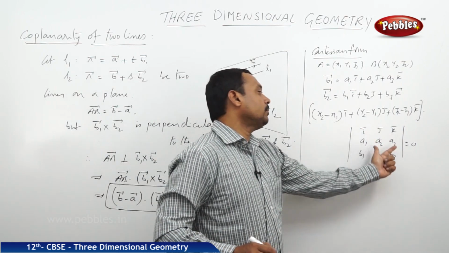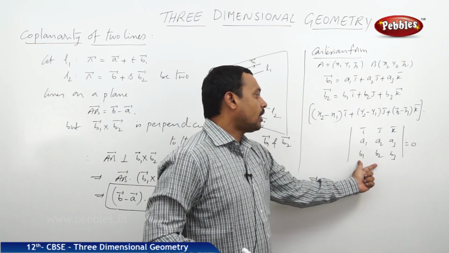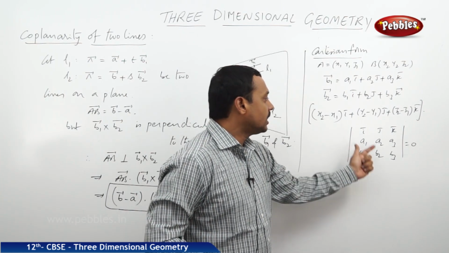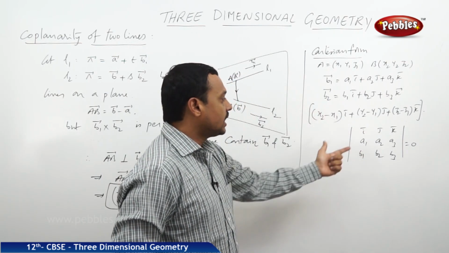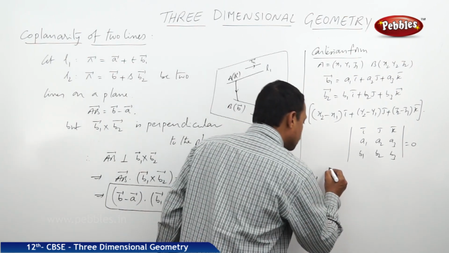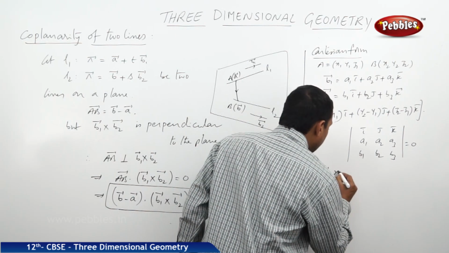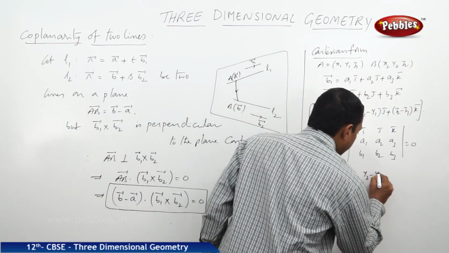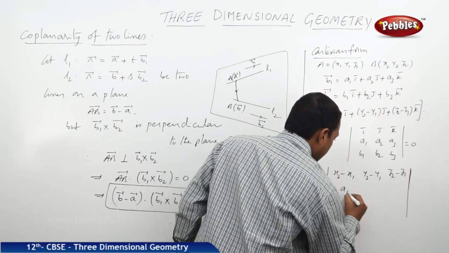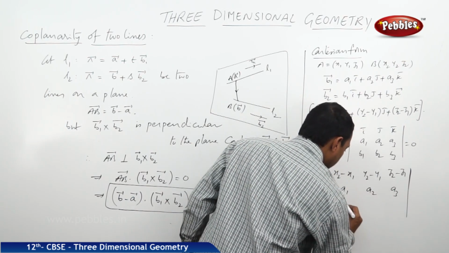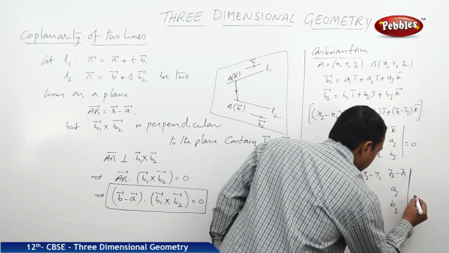Now find the determinant of this 3 by 3 matrix. After that, find the dot product of this vector and this vector. So finally, that entire product is the same as the determinant of x2 minus x1, y2 minus y1, z2 minus z1, a1, a2, a3, b1, b2, b3 is equal to 0.